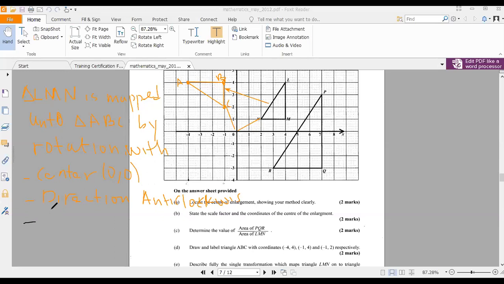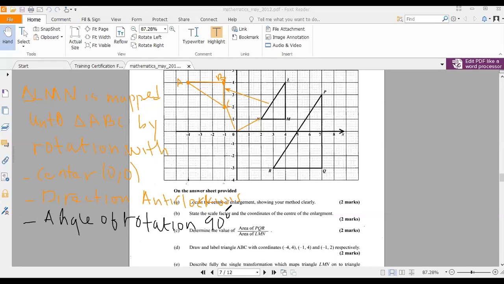Okay, so we mentioned the center, we mentioned the direction, and now the angle. The angle of rotation is going to be 90 degrees.